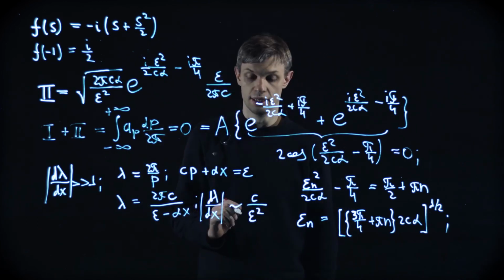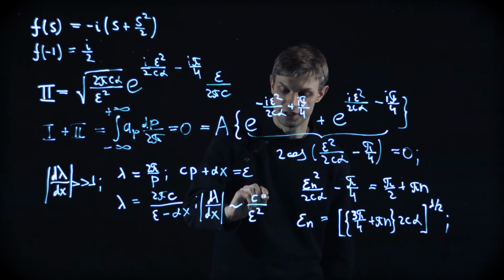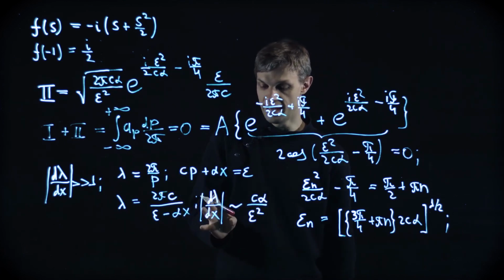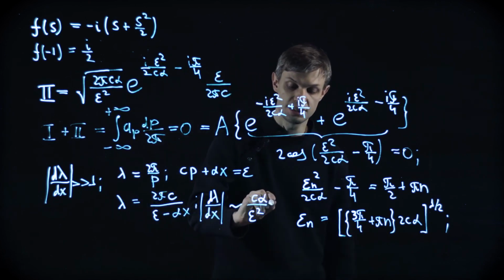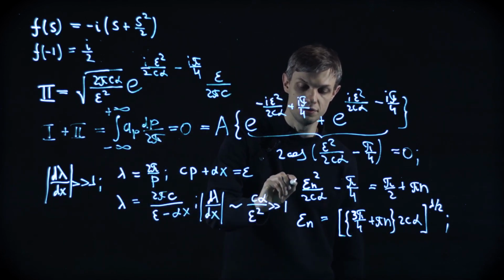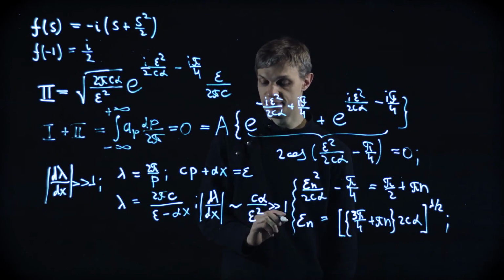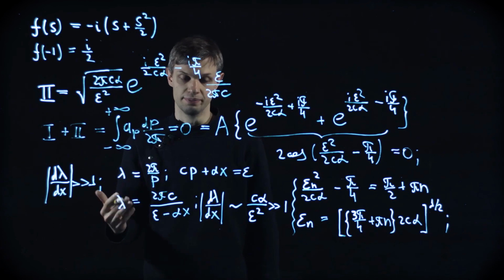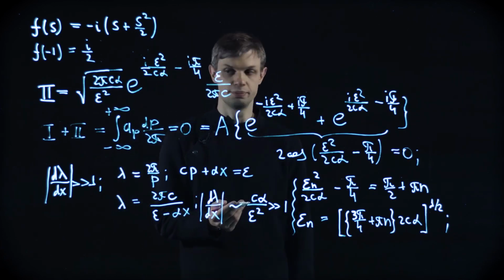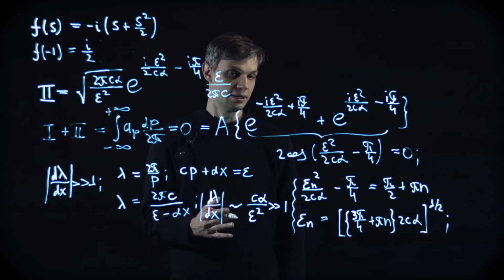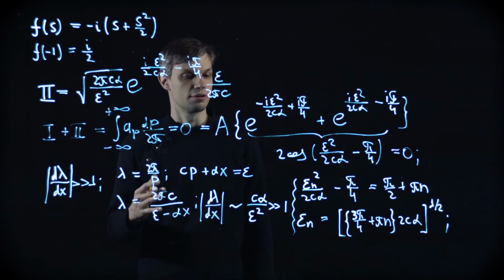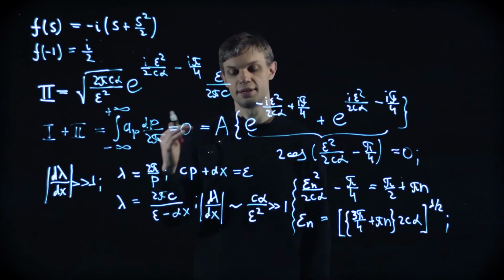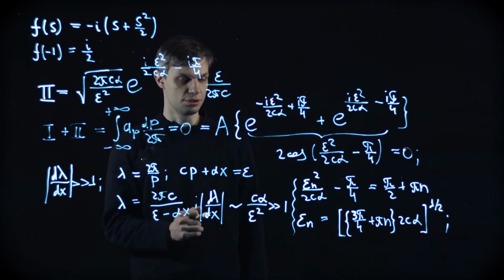Sorry, I dropped the alpha factor here when I was differentiating. So this is our d lambda over dx, and this parameter should be large if we want to use semiclassical approximation. And this was precisely our initial large parameter of the problem. So I think that's it. I hope you enjoyed this physical example and see the power of this saddle point approximation and how it correlates with semiclassical approximation in quantum mechanics.